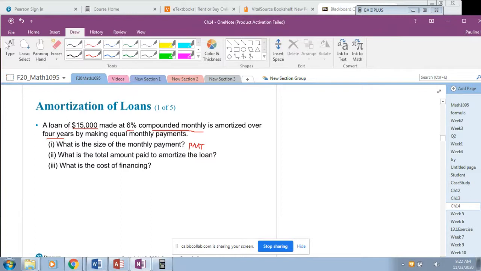So this loan is obviously the present value. 6% is the interest rate IY. Compounded monthly means CY equals 12. Over the next 4 years, N equals 4 years multiplied by 12, which is 48.